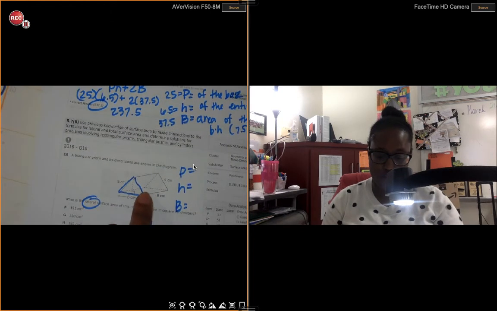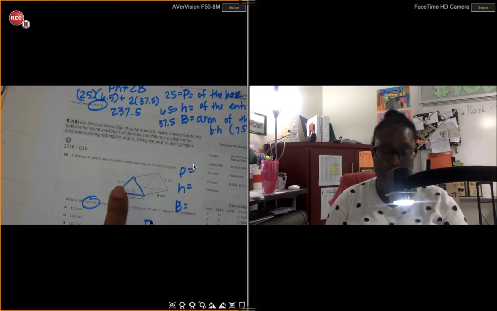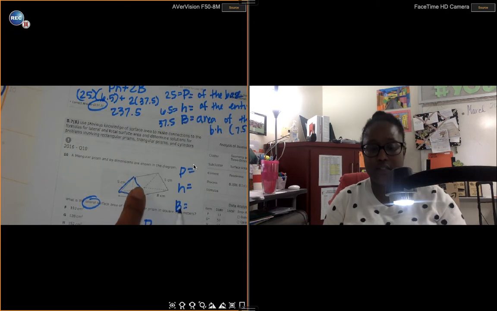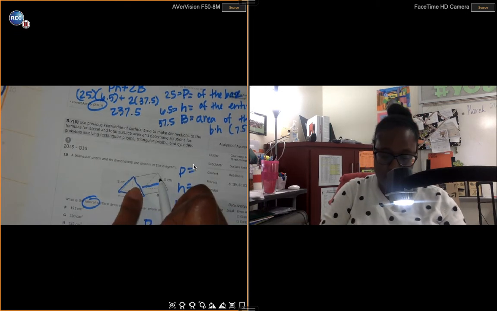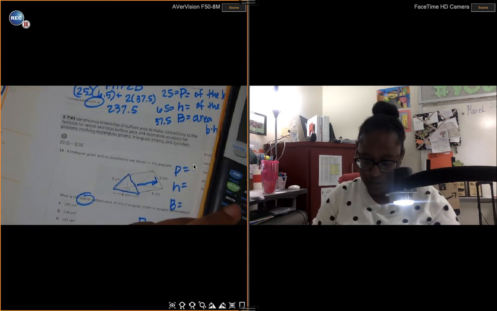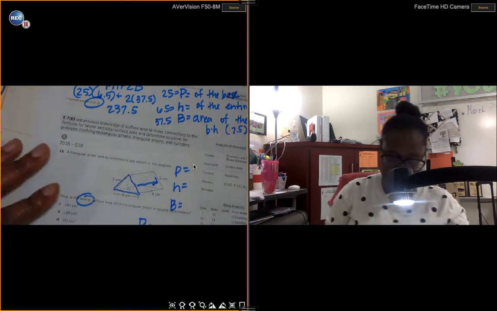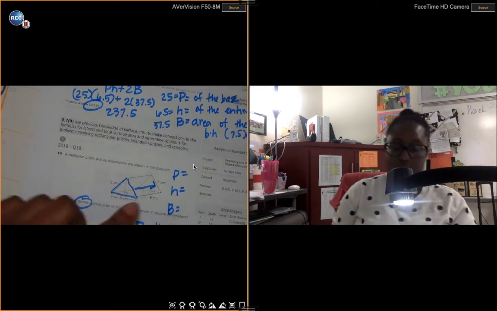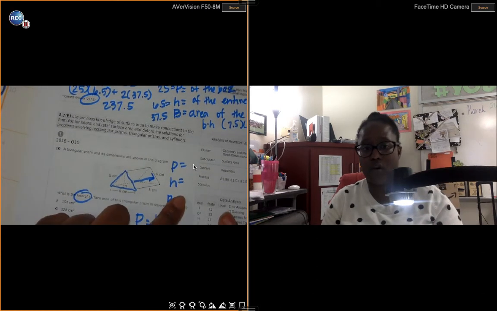It is not this rectangle that it's sitting on, it's a triangle. So my perimeter would be 5, this side is 5, and there's a missing side, but it tells us what the side is right here. So 5 plus 5 plus 6 gives us 16. So our perimeter is 16. And then remember, our height is the height of the whole shape.